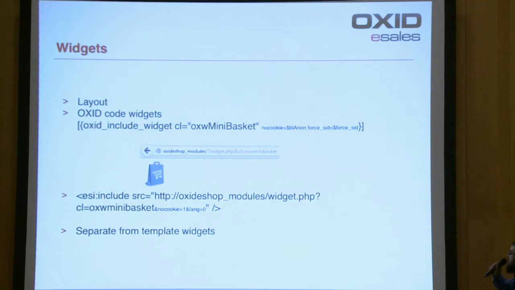And this plugin would build a tag in your template, and Varnish would call it and render the results. And one thing to mention is that all code widgets have their templates, but not all template widgets have their code widgets yet.